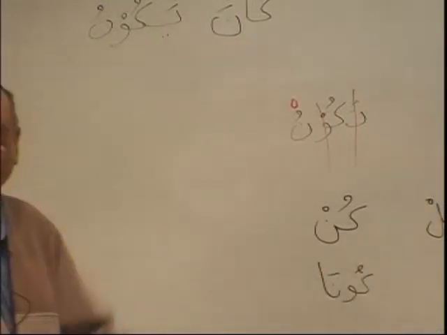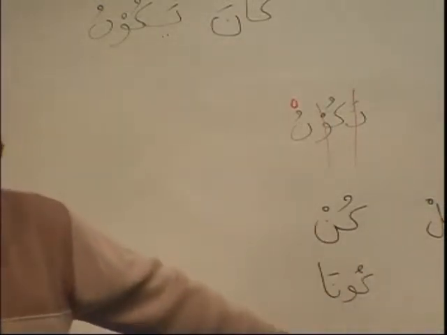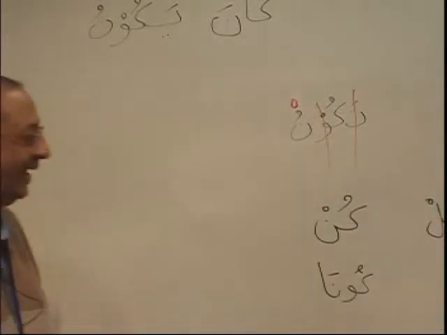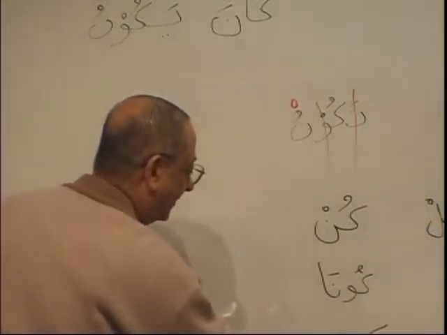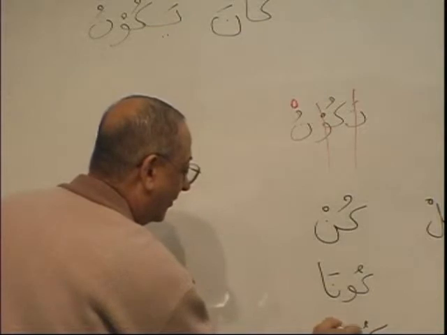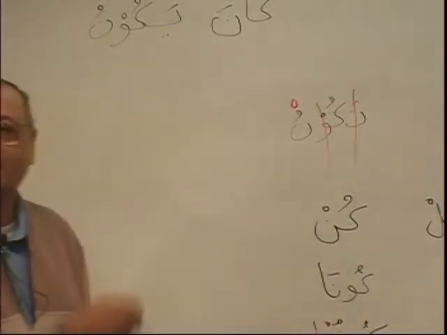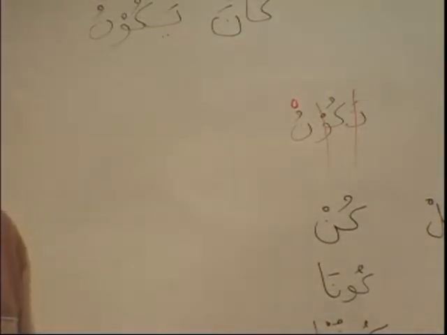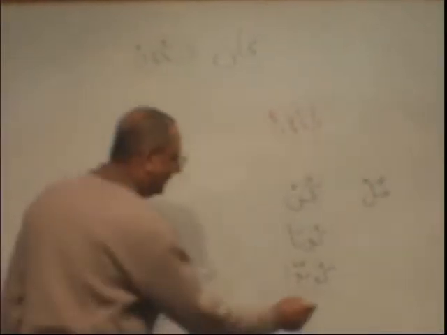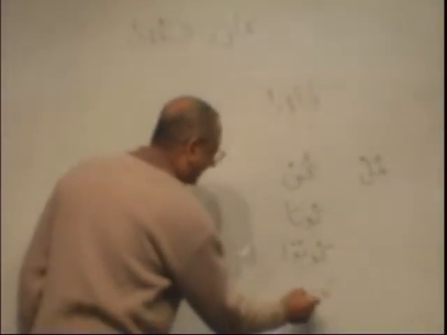You just cannot say kuna. It has to be kuna. And then what will be the next one? Kunu. All these things are in the Quran. And then kuni. Allah subhanahu wa ta'ala is saying to the fire, kuni bardan.